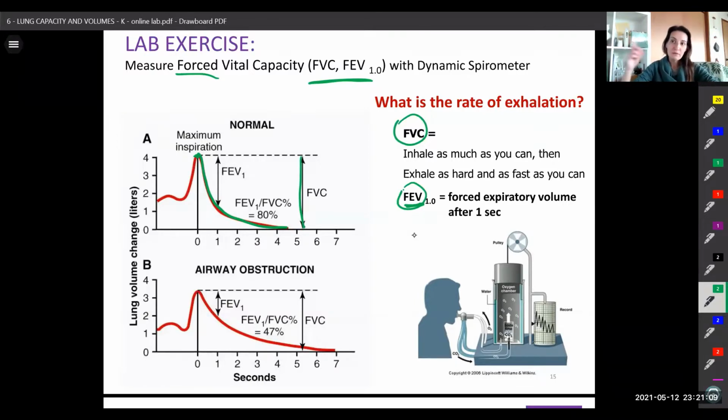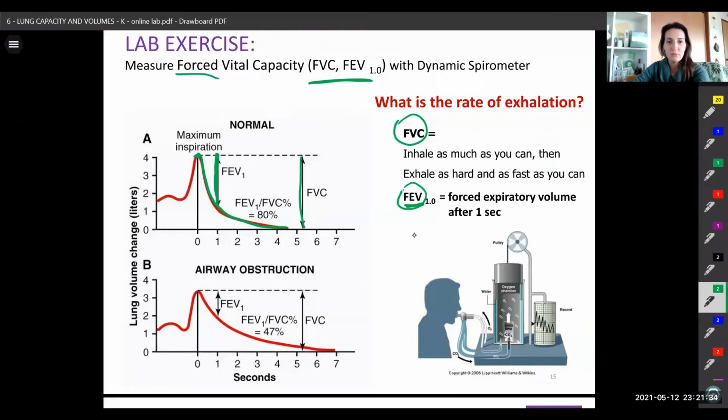And then we would account for paper speed so that we could determine where along this reading we would have 1 second, right? 1 second of expiration. And once we find that point, we would measure the height, which would then give us our volume, and that would be our forced expiratory volume in the first second.